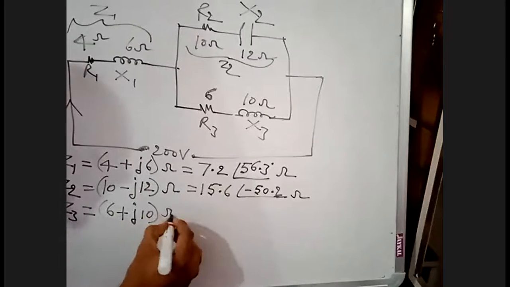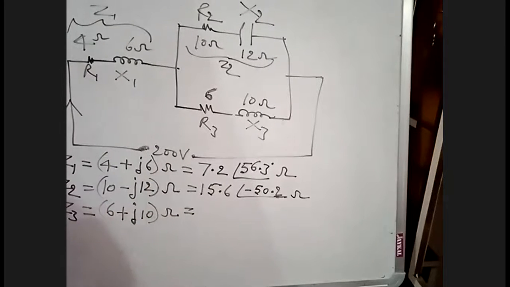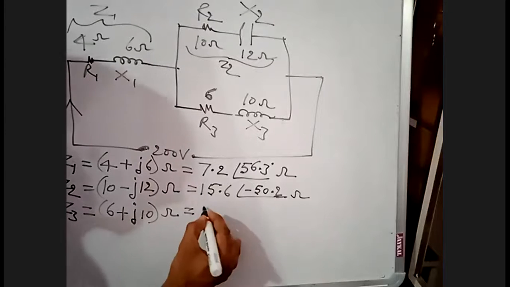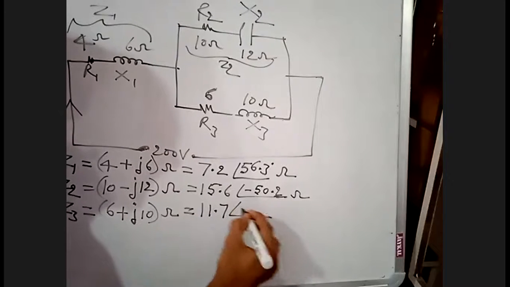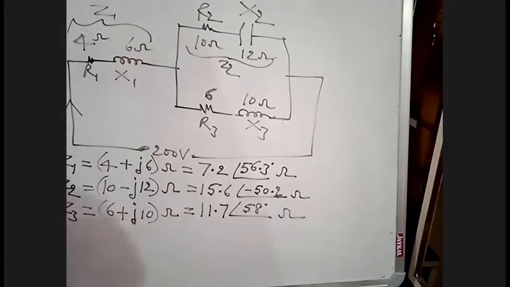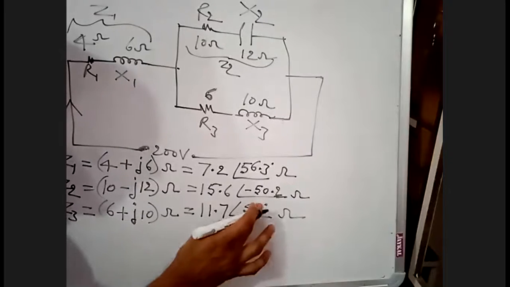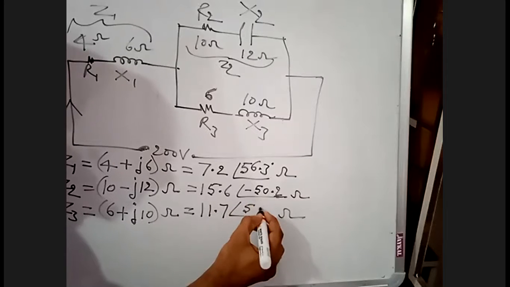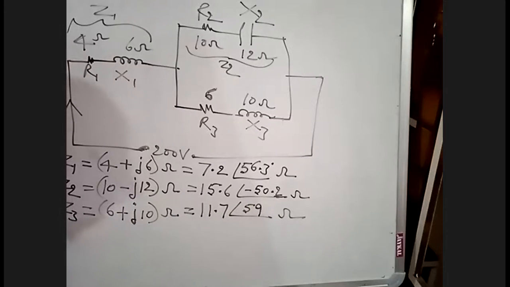Inductance means plus J. The angle is 59.0, so take 59 degrees.